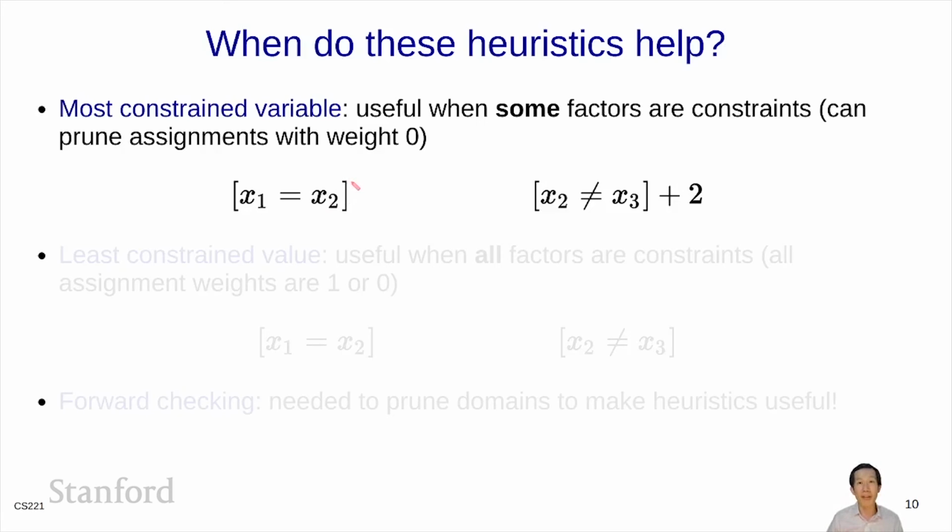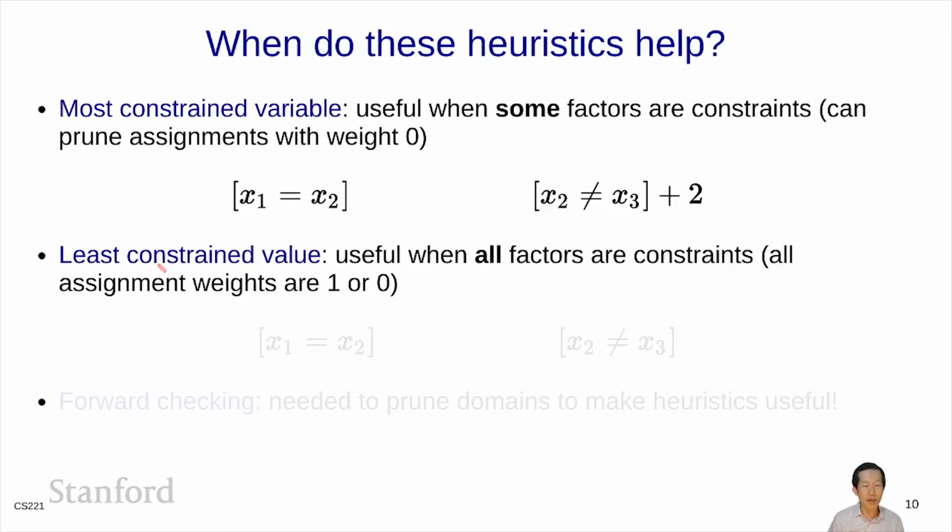If all the factors are returning non-zero values, then none of these heuristics are going to be helpful. You kind of have to explore everything. The least constrained value is useful when all the factors are constraints. In other words, the assignment weights are 1 or 0. So they have to look like this, but not like this factor.